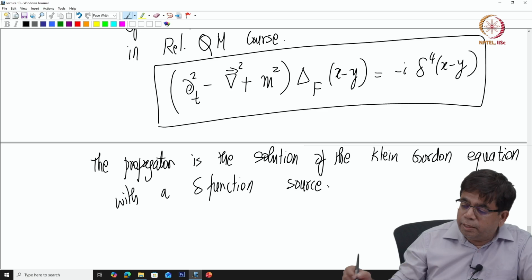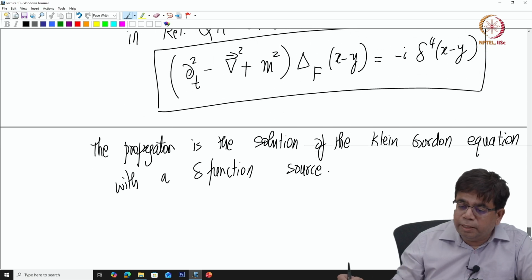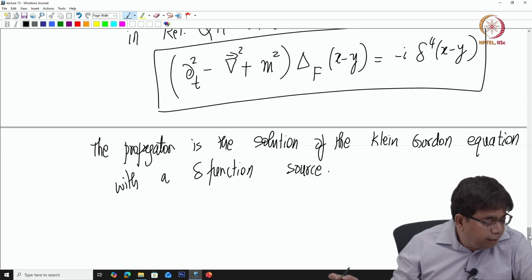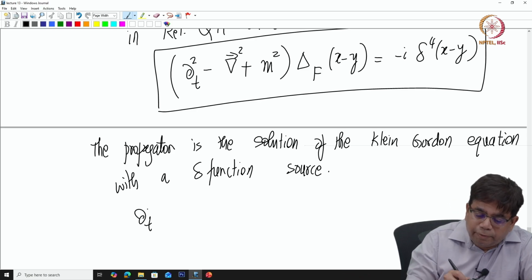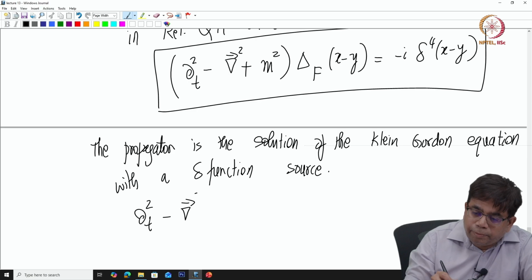Now, how do we check it? You can put it back into this and easily check it, (∂² + m²).